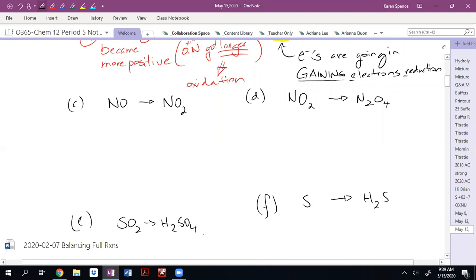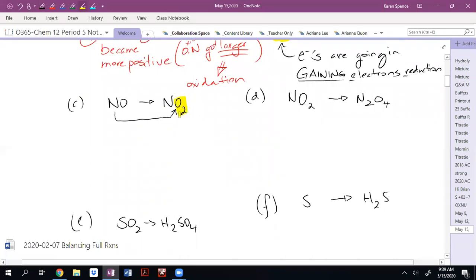Okay, so now we have one where we have NO going to NO2. And I'm going to show you a quick little trick. Nitrogen has more oxygens attached to it than it did in the reactants.